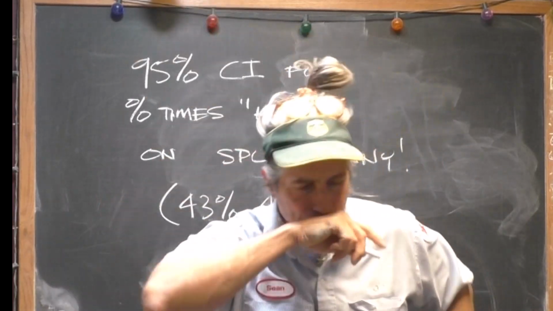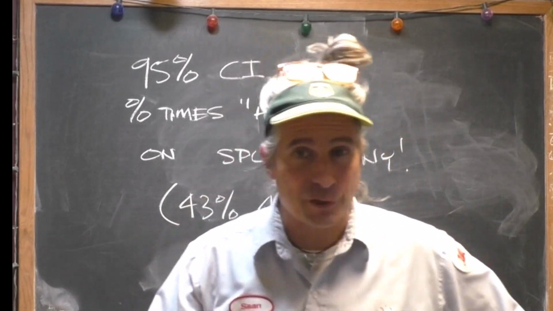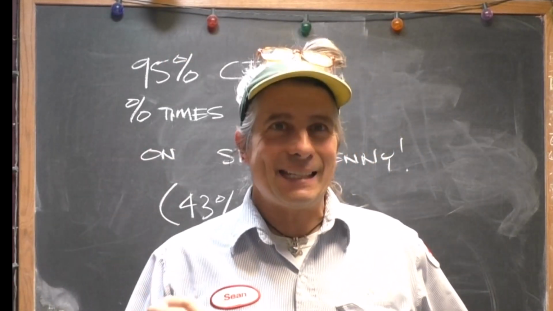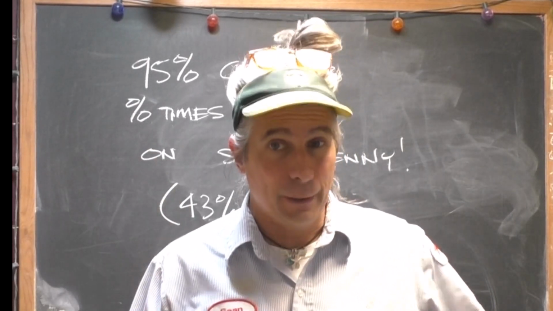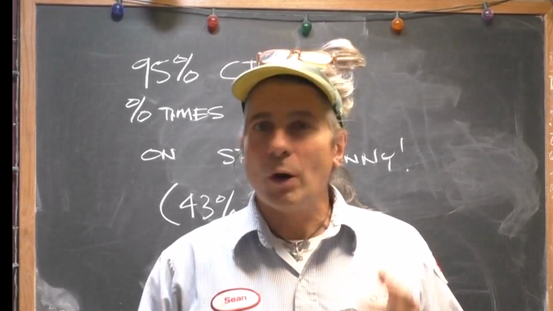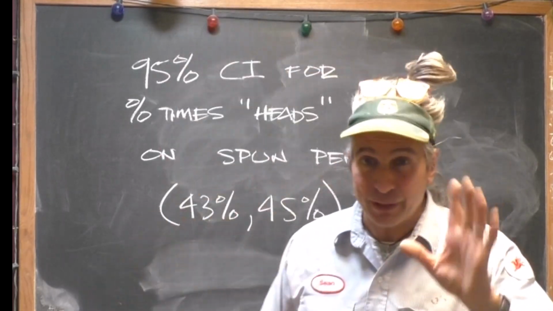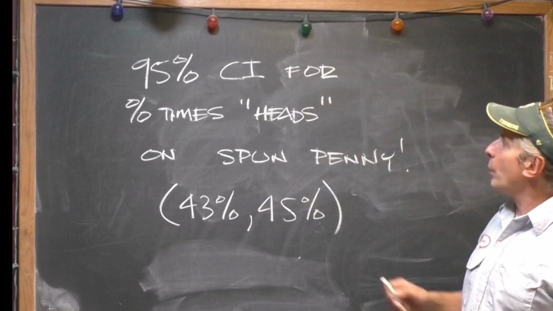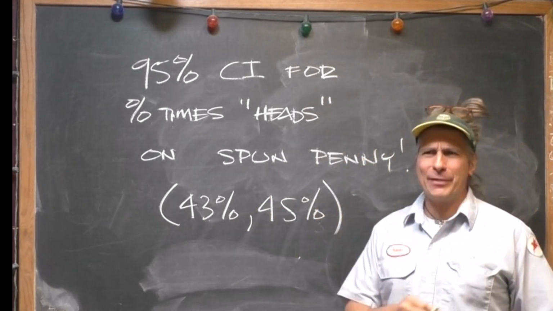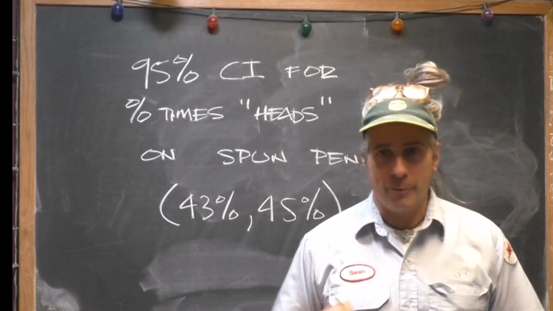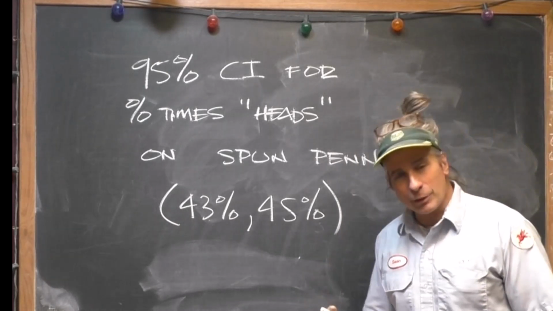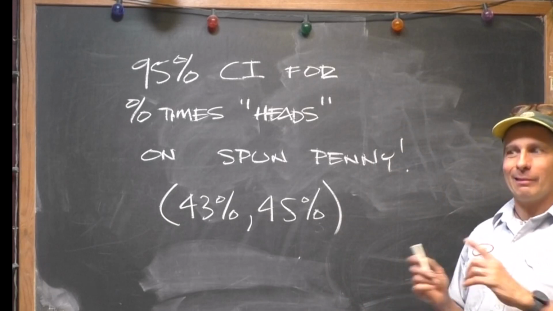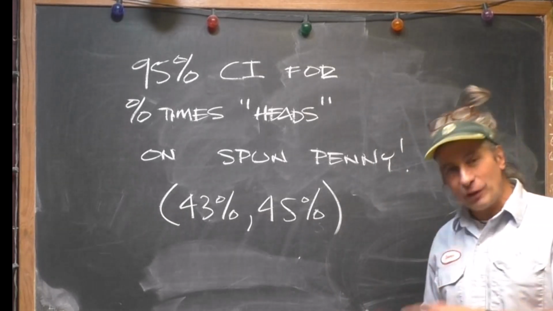Now, what I want to look at in this first video of this playlist is if you get a statistically significant result from your interval in your research, what does that tell you? So, for example, yesterday, or whatever day you watch the videos, we looked at 23,000 some spins of pennies and discovered that when you spin a penny, you end up getting heads less than when you flip a penny.